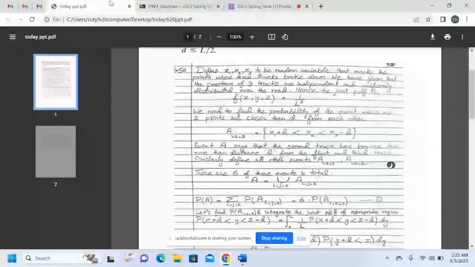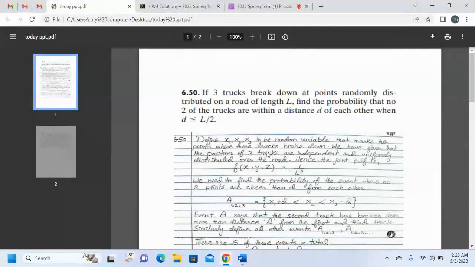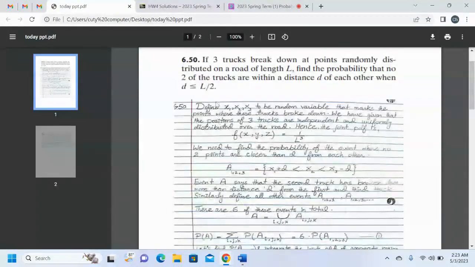Oh, yes. Now. Okay. My question is 15 of chapter 6. If 3 trucks break down at points randomly distributed on a road of length L, find the probability that 2 of the trucks are within a distance d of each other when d is less than or equal to L over 2.